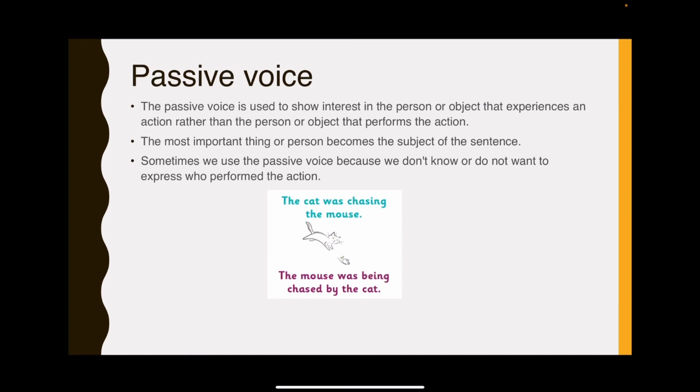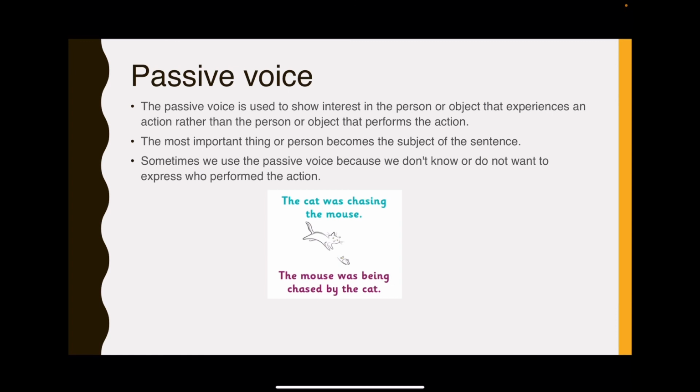So if you are using the active voice and then change to the passive voice, you need to switch the subject. Sometimes we use the passive voice because we don't know or we do not want to express who performed the action. If you're using formal language, there is no need to mention the subject, so we better use the passive voice structure instead.